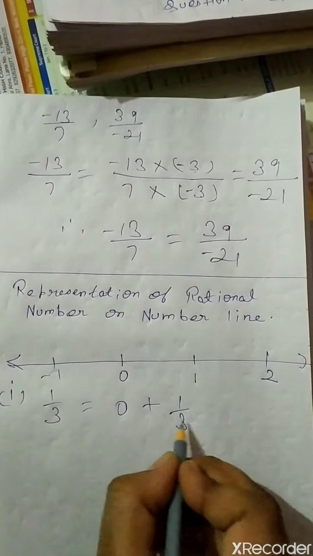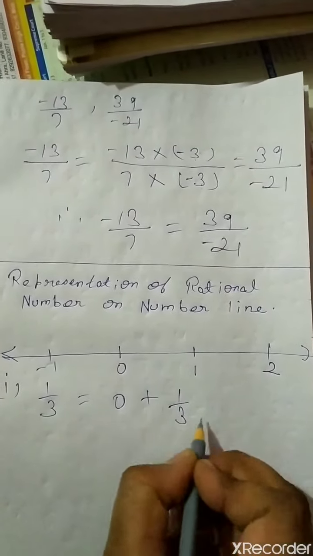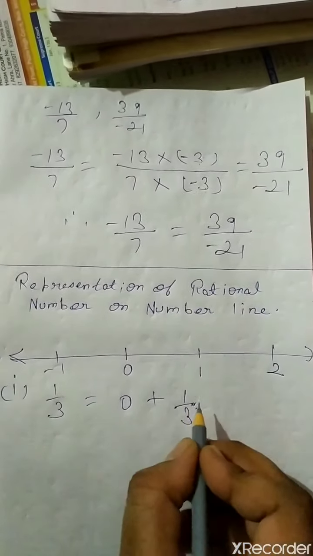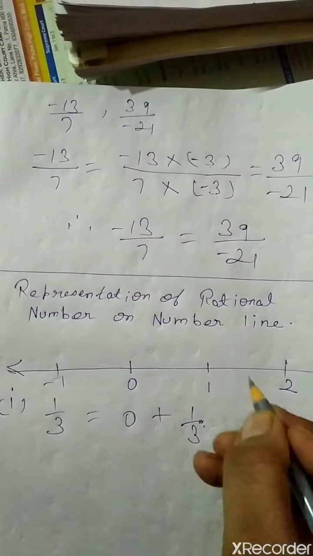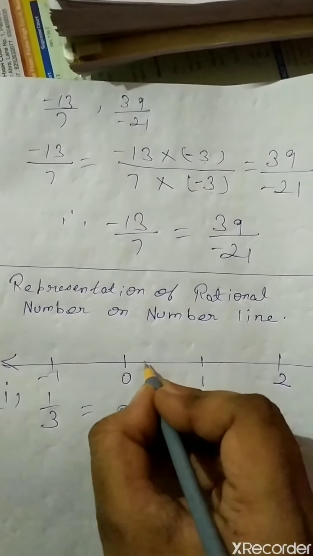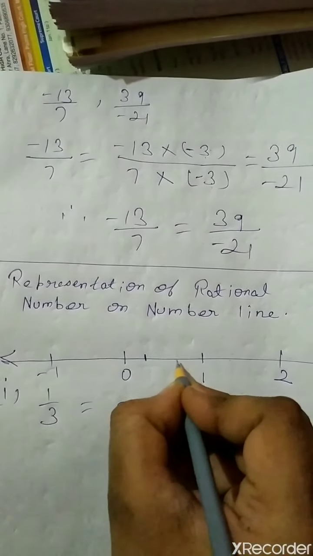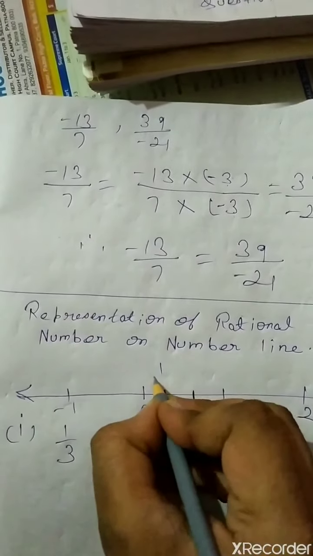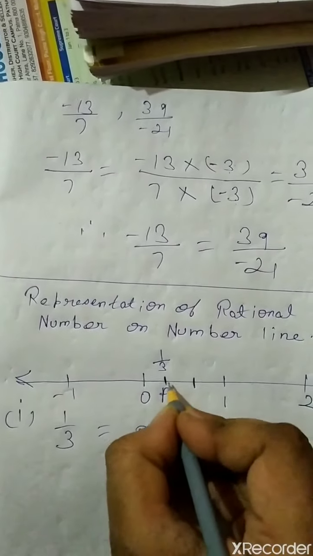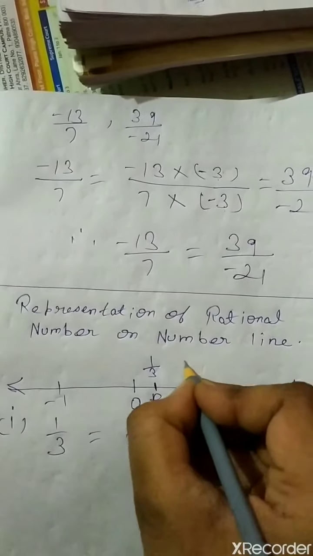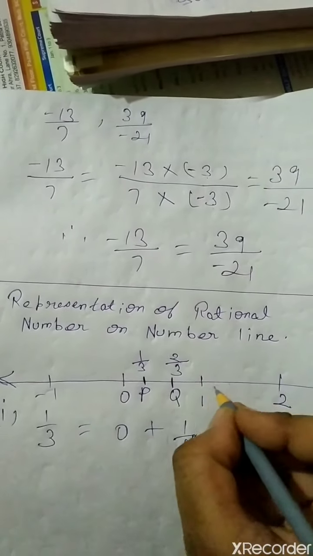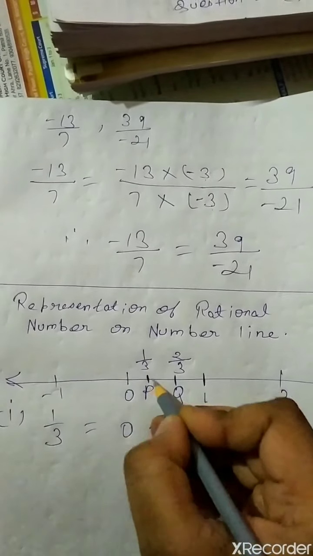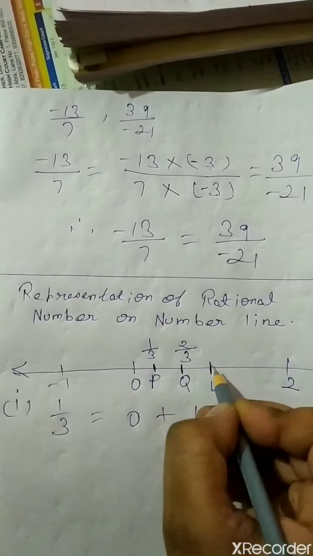It is more than 0 but less than 1, because 1 by 3 is a proper fraction and a proper fraction's value is always less than 1. So you divide between 0 and 1 into 3 parts. For dividing into 3 parts, you break at 2 points. The first point P is 1 by 3, and the point Q is 2 by 3. Then this is 3 by 3, which means 1 only.